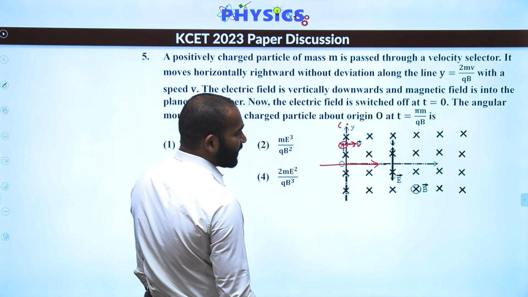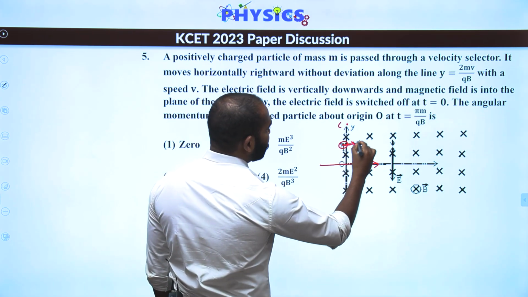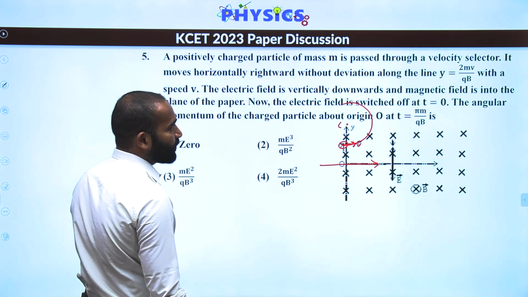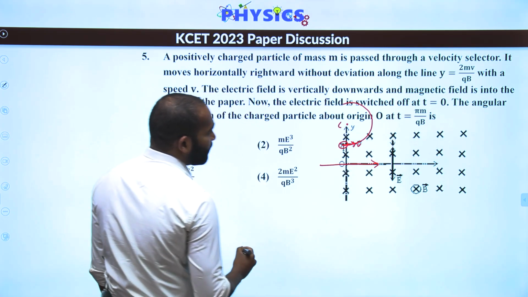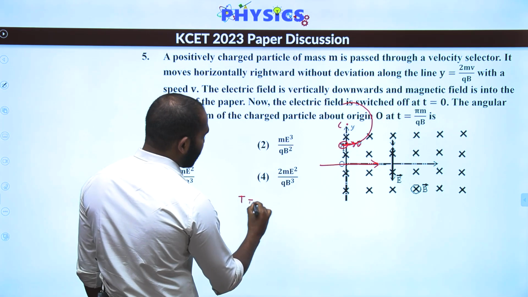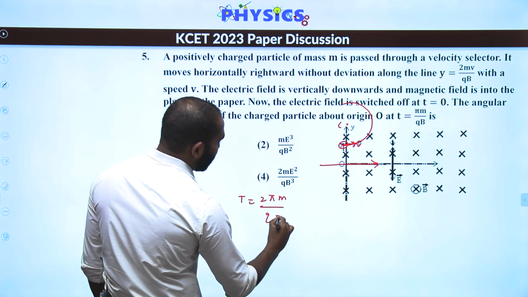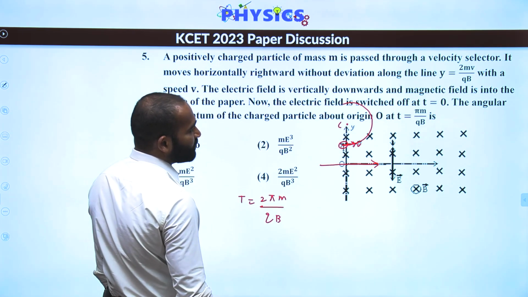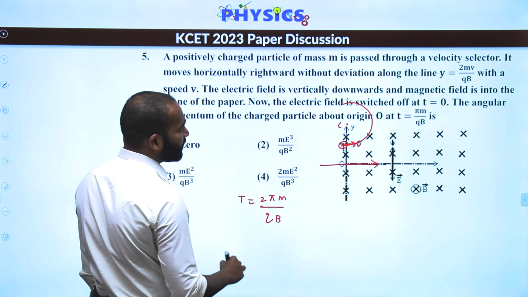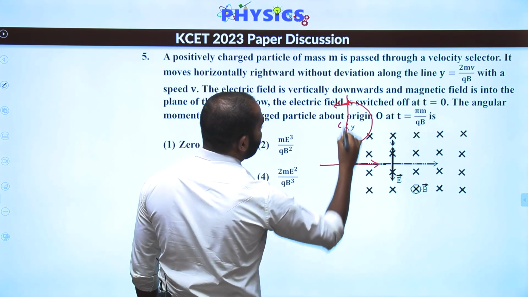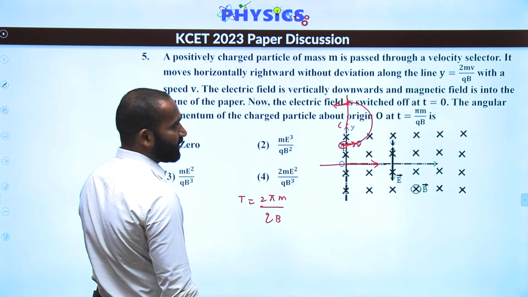In that case it is going to take this kind of circular path, since it is only a magnetic field here for us. The time is given as pi m by qB. We know the time period is 2 pi m divided by qB. So as you can see, the time instant pi m by qB is half of this one. So for half of the period, it will come out of the magnetic field here.